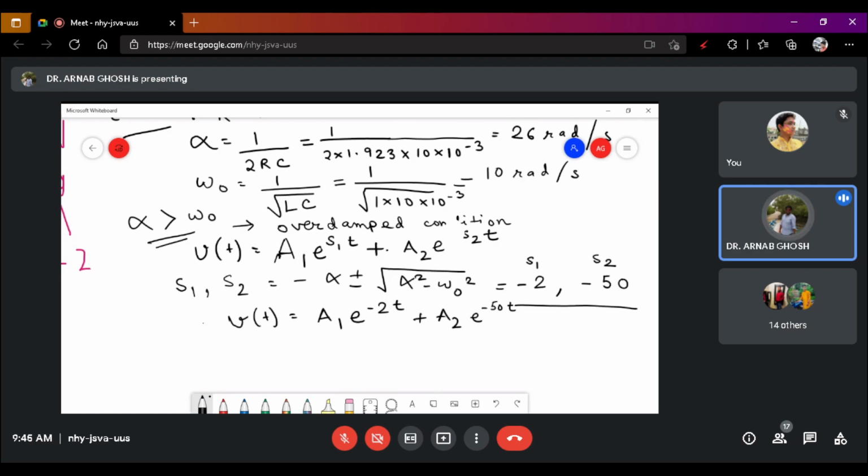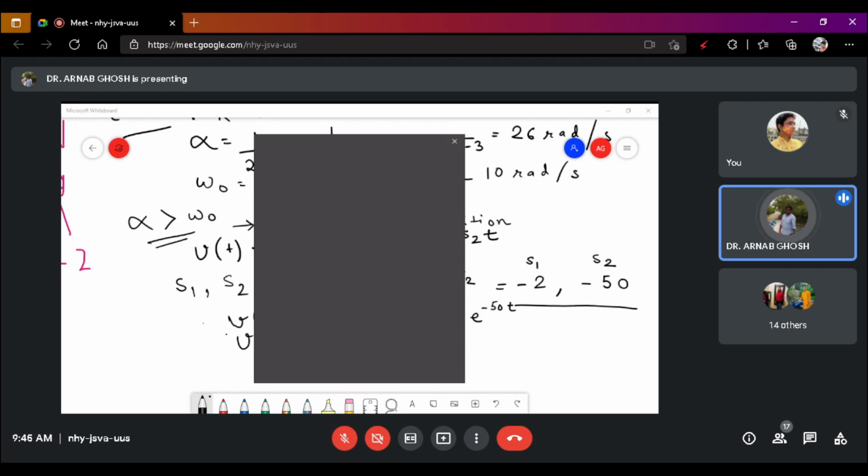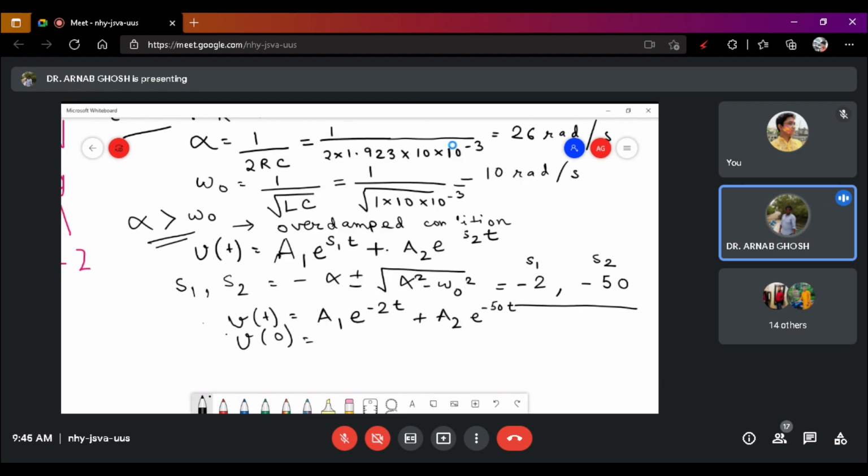If you put t equals to 0, this will become A1 e to the power 0 plus A2 e to the power 0, that is A1 plus A2.